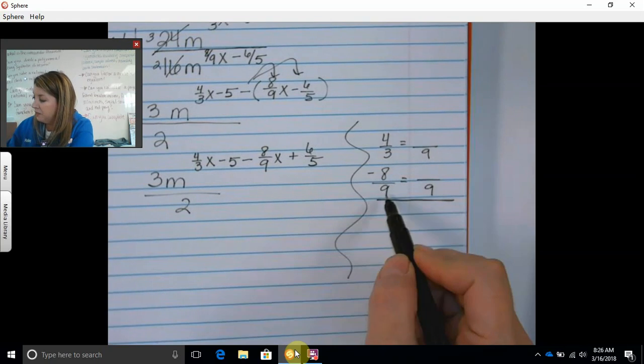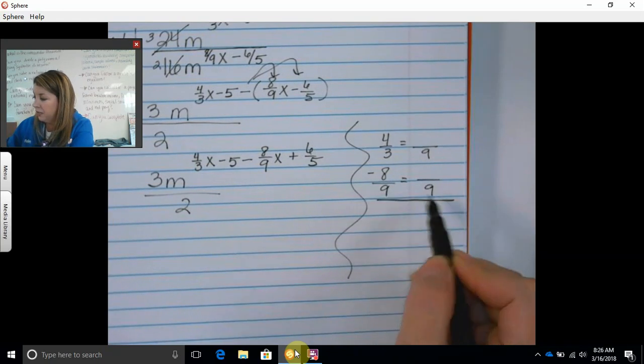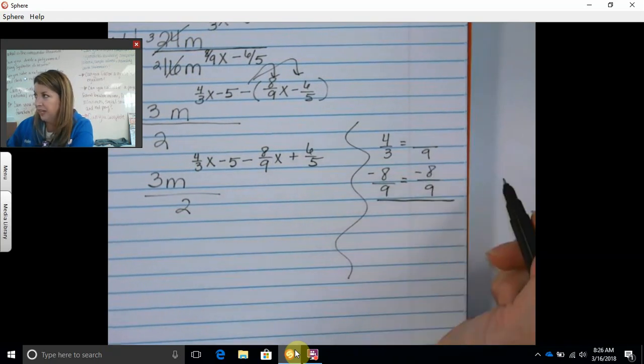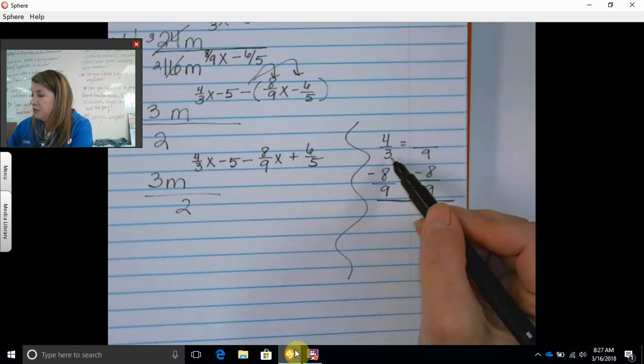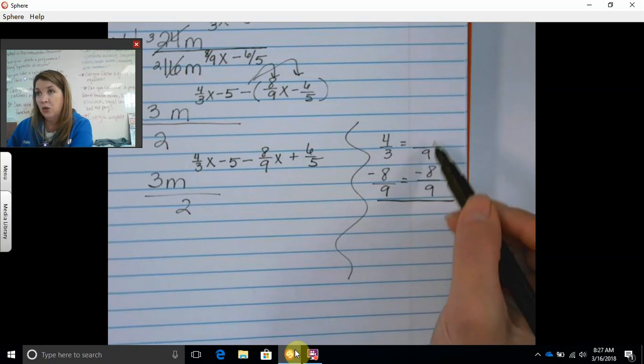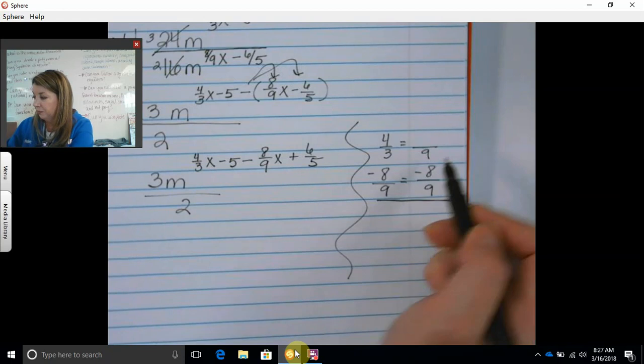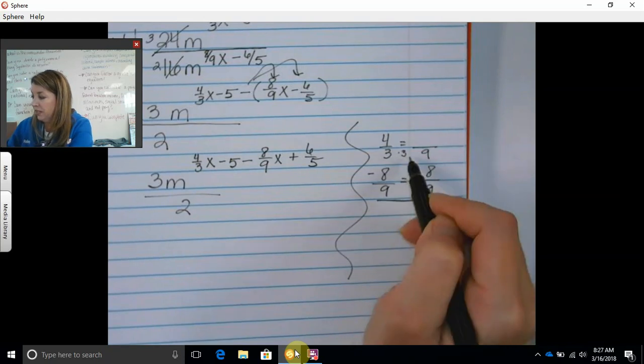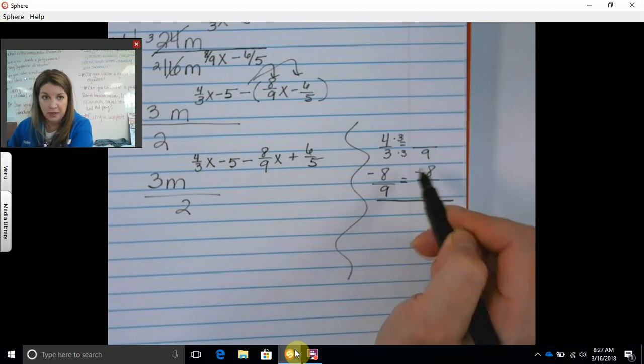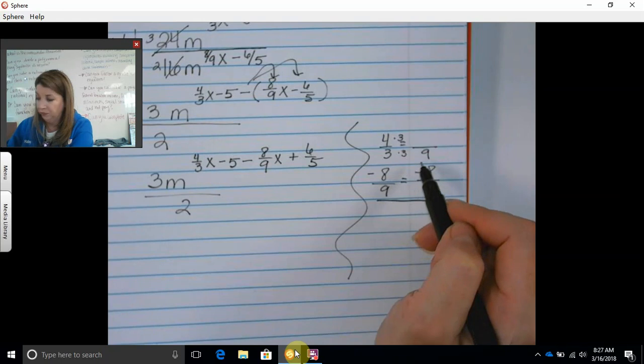In my bottom fraction, if my denominator doesn't change, then my numerator doesn't change. To be equivalent, it can't change if the denominator didn't. For 4/3, the new denominator is 9. So to get an equivalent fraction, 3 times what is 9? 3. So to be equivalent, I have to multiply the numerator by 3 to get 12.